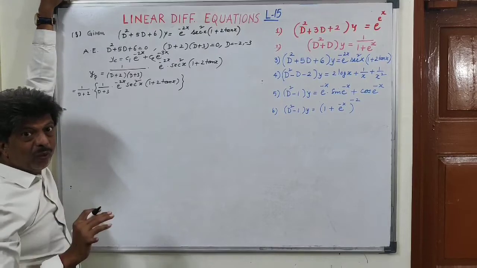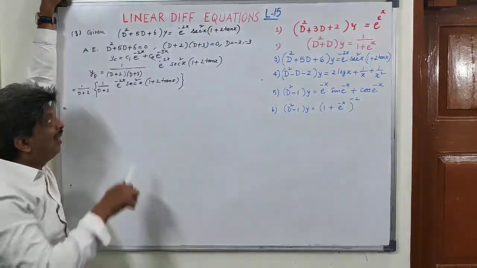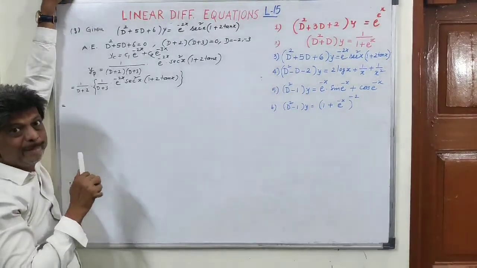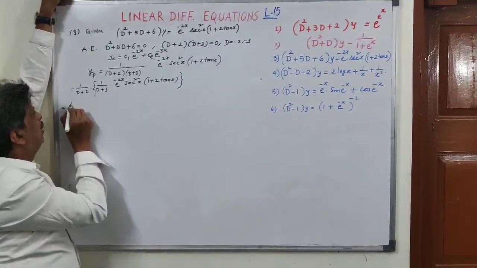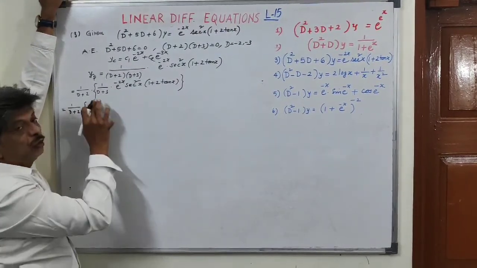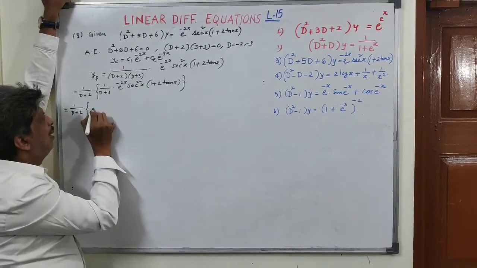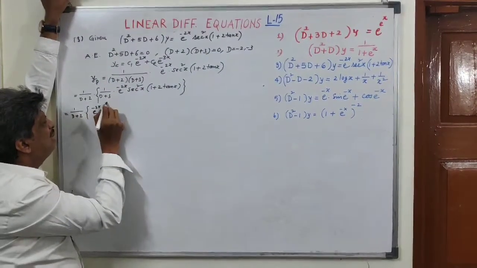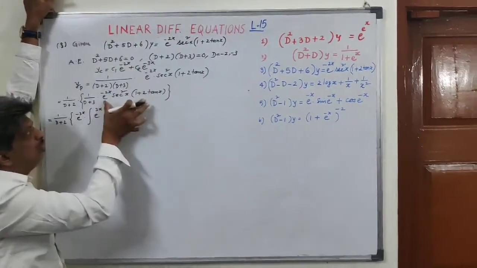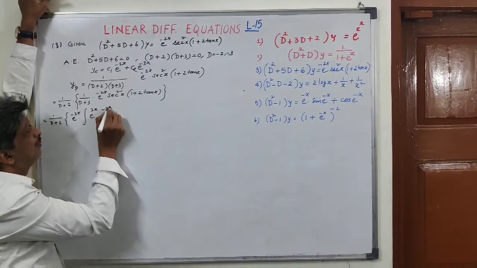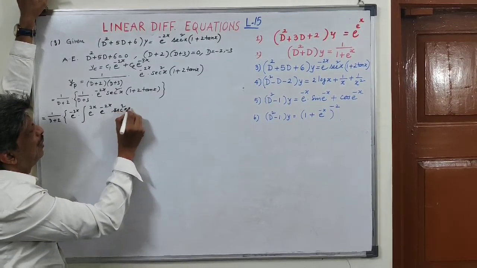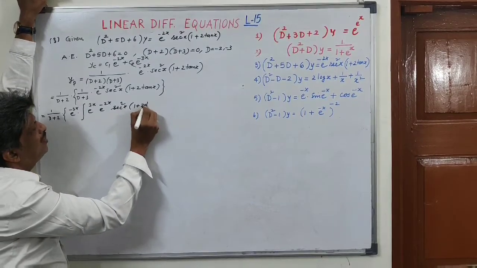Why have I deliberately introduced this factor first, not d plus 2? Just because, see here, it would be followed at this step, d plus 2 times, I am now using the general integral formula, e raised to power minus 3x into integral e raised to power plus 3x into this f of x, sec square x into 1 plus 2 tan x.